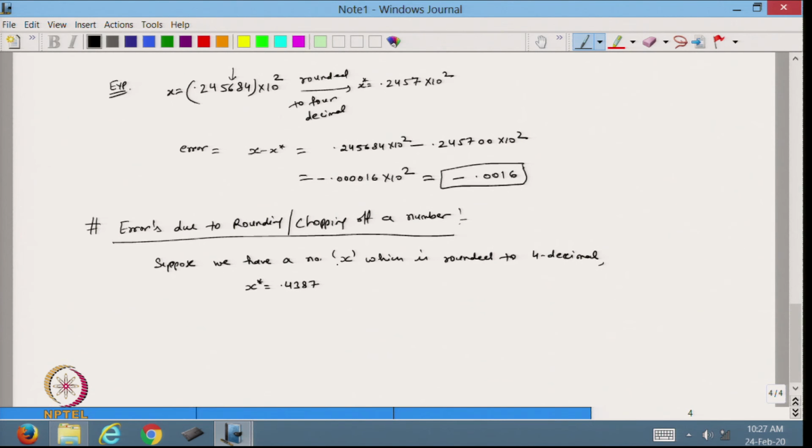I want to find the value of x. My x star is given to me, and I have rounded the number x up to 4 decimals.